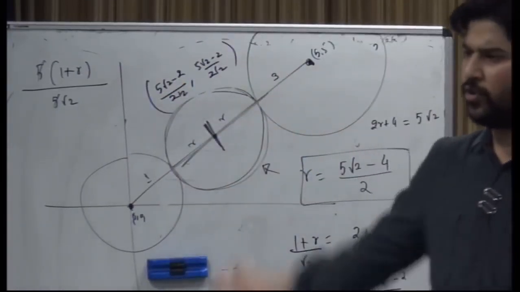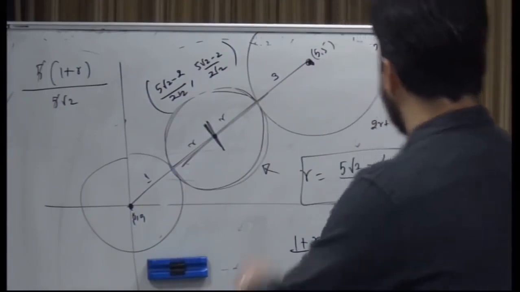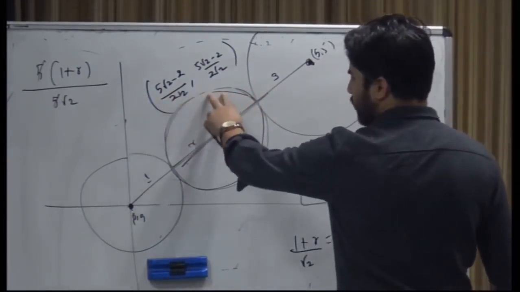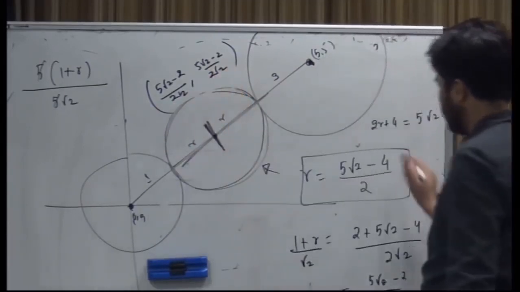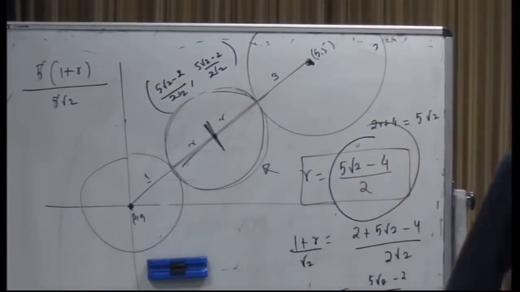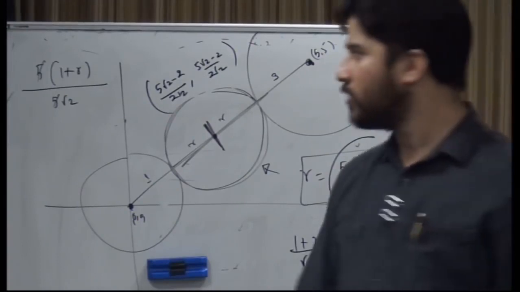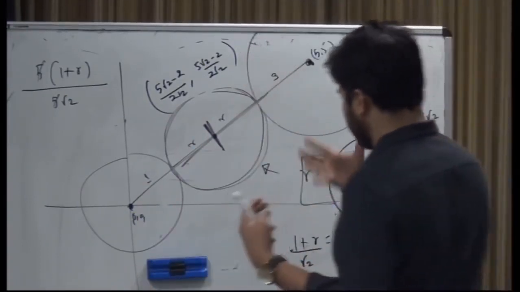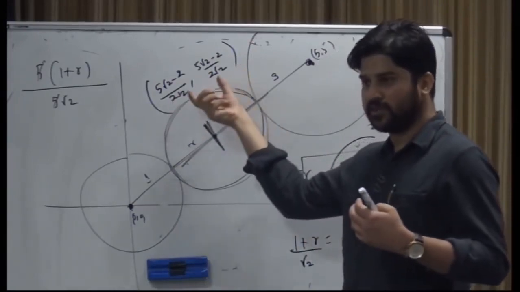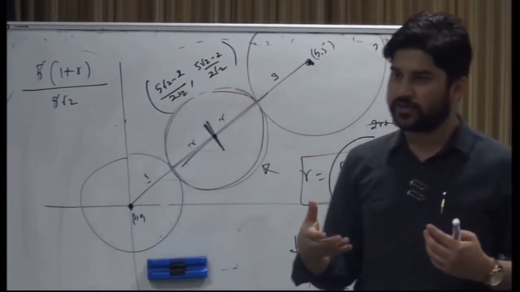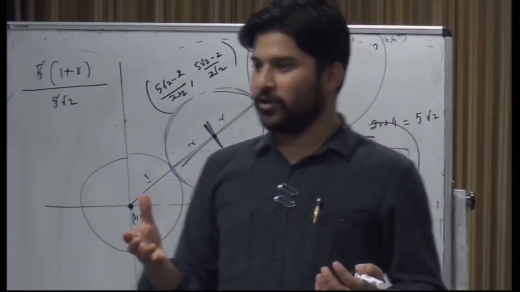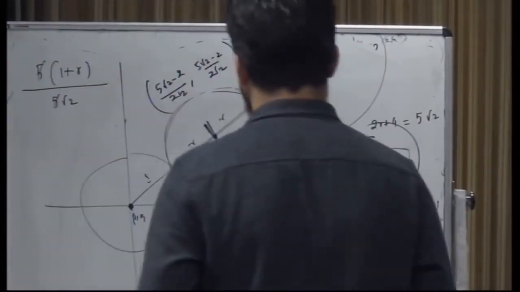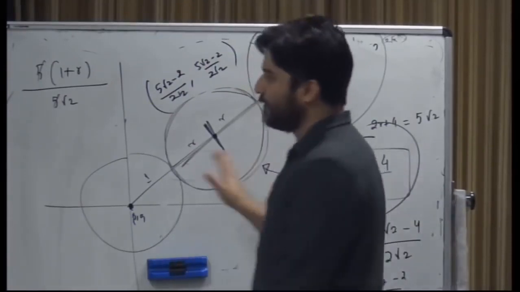Right? You want to rationalize, you can rationalize, no issue. So (x minus this) whole square plus (y minus this) whole square would be equal to this square. Clear? In your IIT JEE question, they will mostly leave your answer in this form, because in IIT JEE questions they are not testing your calculation skills, right? They are more into whether you know it or not, right?